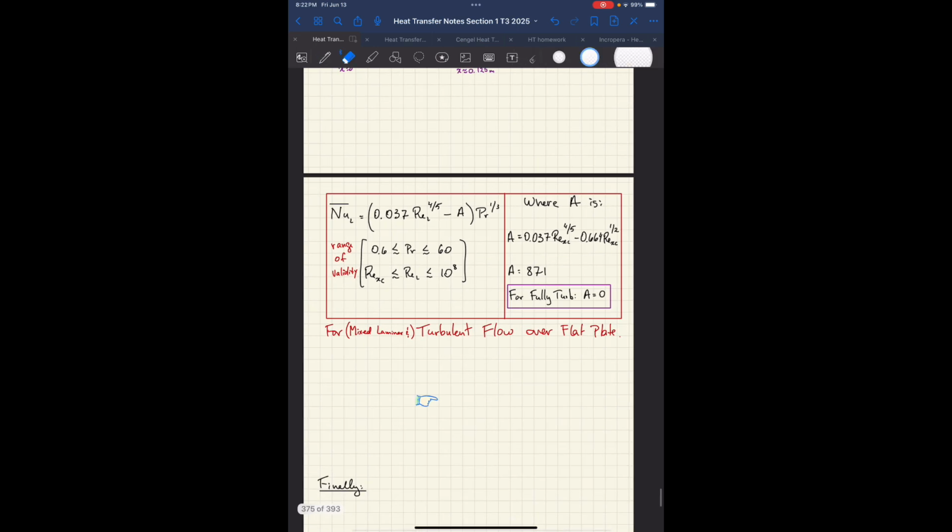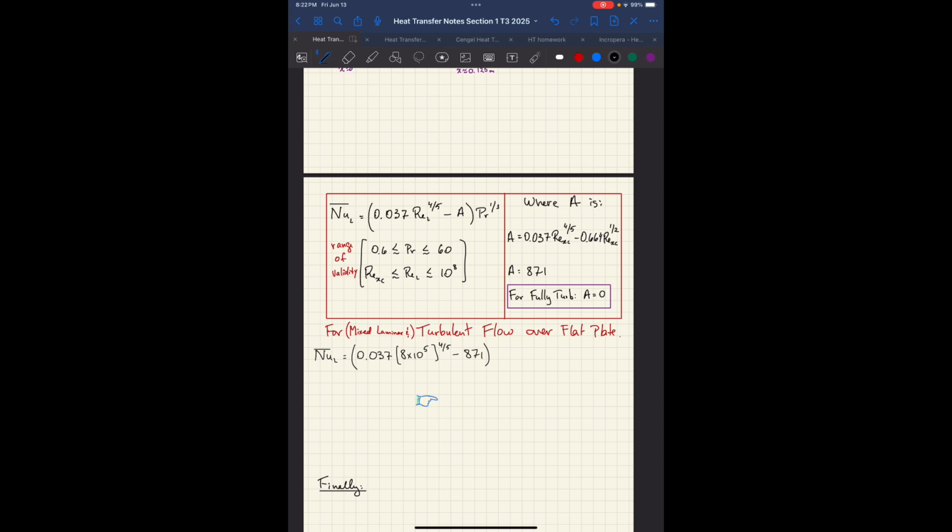So let's calculate. So it's going to be 0.037. Your Reynolds number is 8 times 10 to the 5. Raise it to the 4/5 power minus 871.